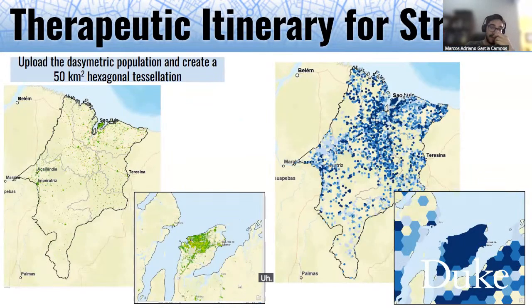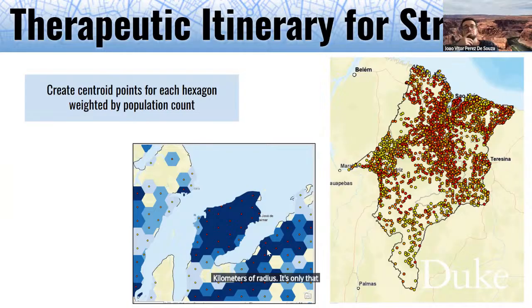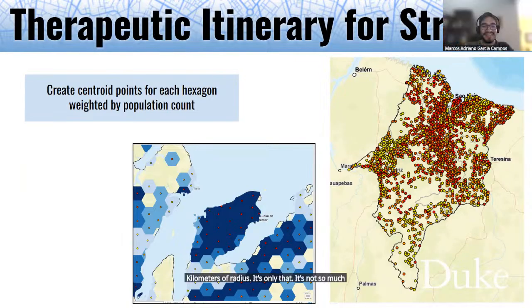It seems like a larger hexagon, but it represents only about 13 kilometers of radius. It's not so much, but the area is 50 square kilometers.